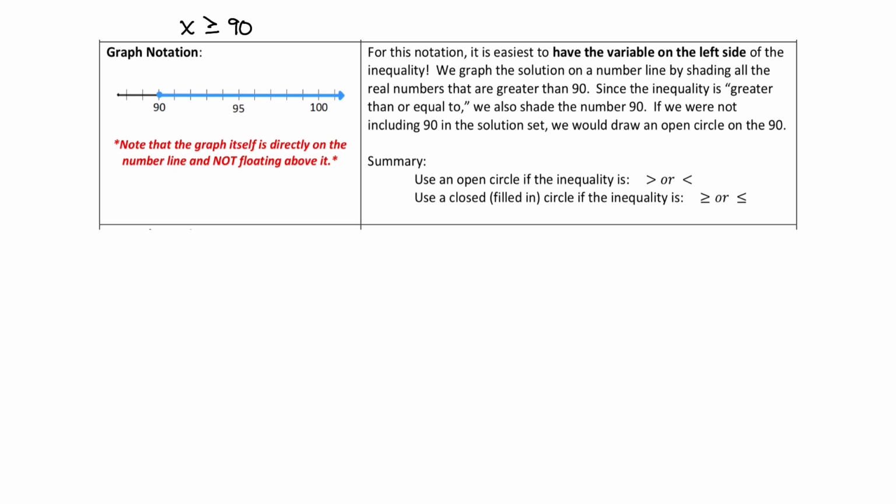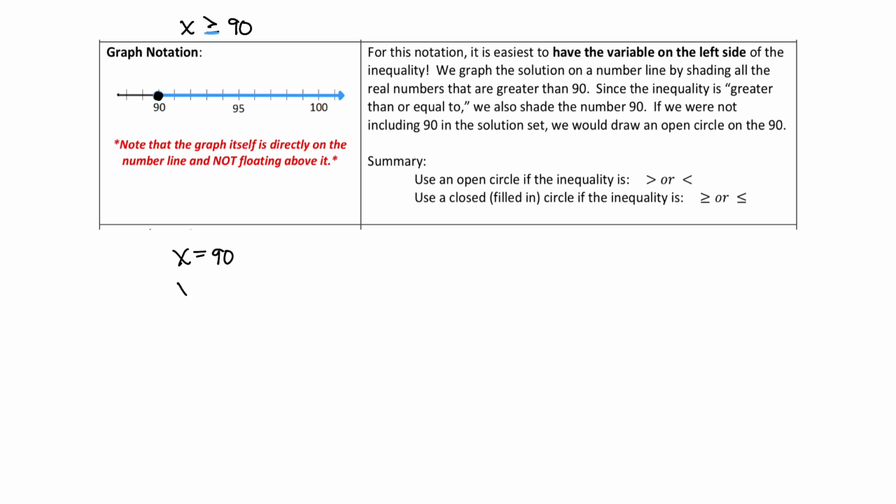Okay? So right here, I wanted to change my color to the same basic color that they have. So this dot right here on the 90, it is a closed dot because of that equal to line. If I were to graph x equals 90, it would be that dot right there.